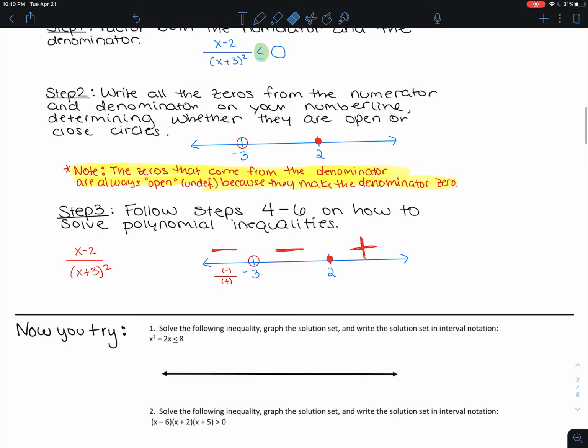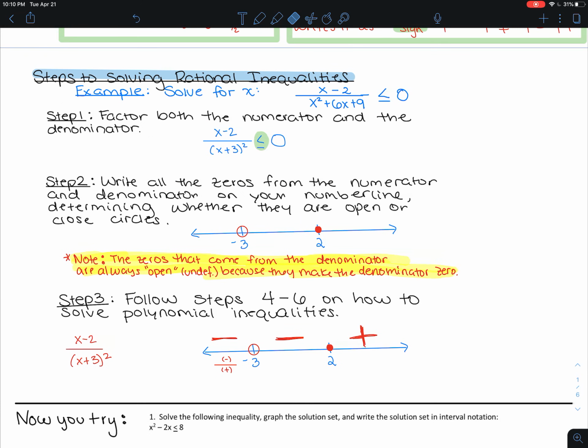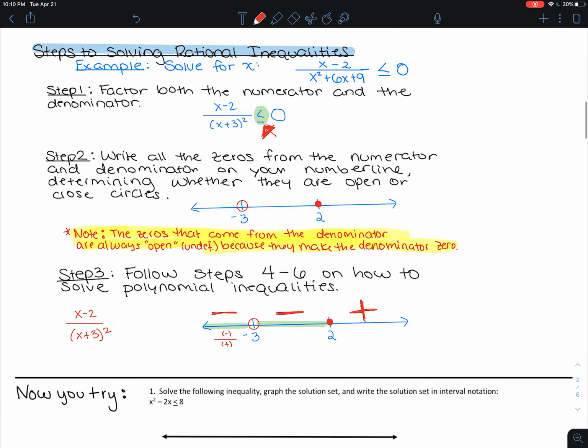Do we want to shade or highlight our positives or our negatives? We go back to our inequality. Notice this means that we want all the negative values, less than or equal to 0. And therefore, we shade negative infinity to negative 3 and negative 3 to 2, and we finally can write our answer in interval notation.